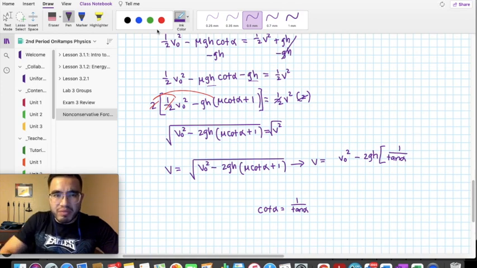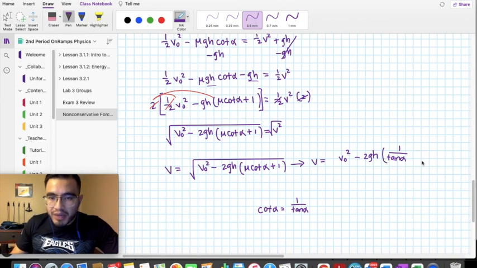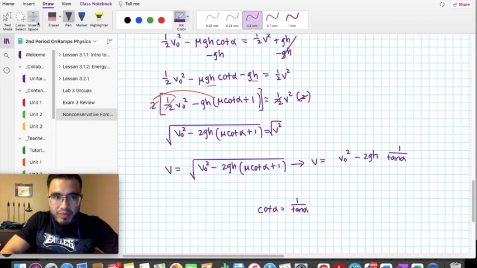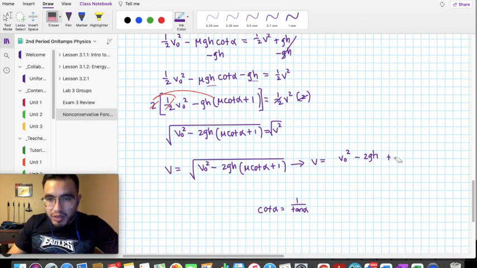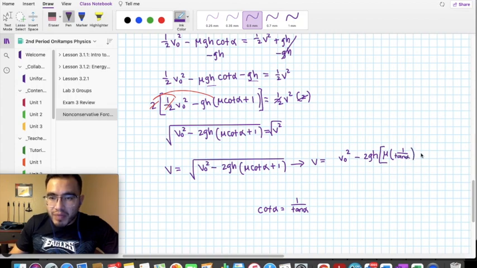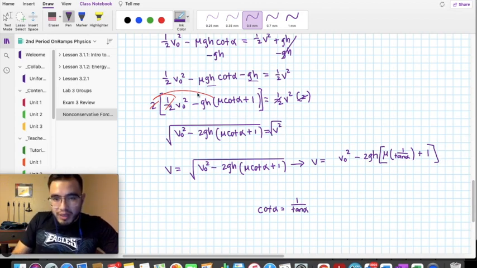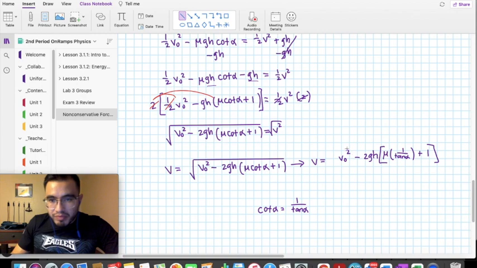I guess I could have used parentheses, right? I don't know why I said brackets. Tangent of alpha. Oh no, I needed brackets because I need mu. I missed mu. Let's start over with this one. 2gh brackets mu times 1 over the tangent of alpha plus 1, close brackets, and add the square root.